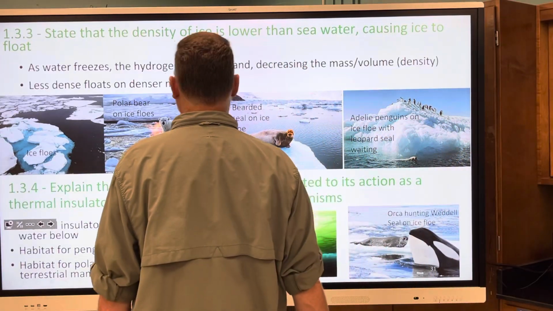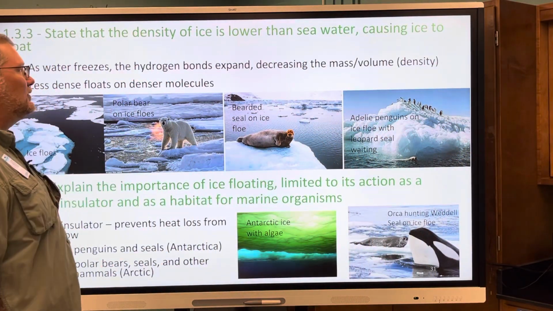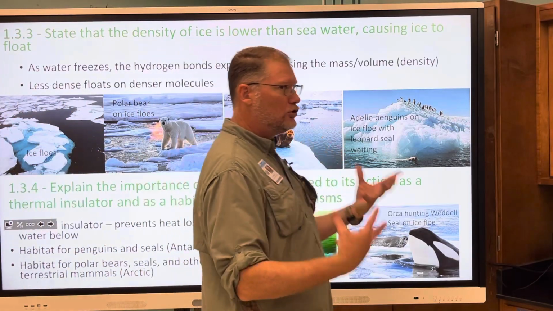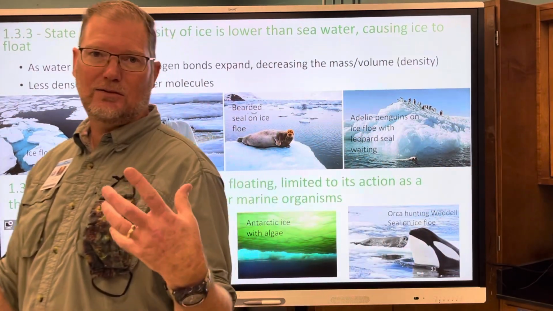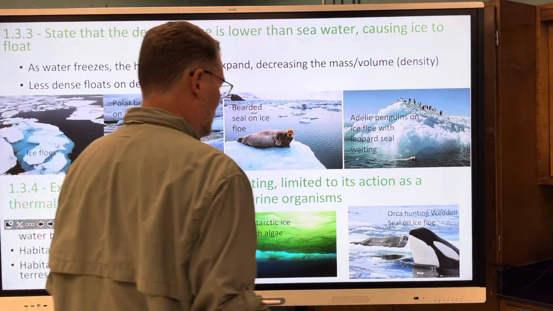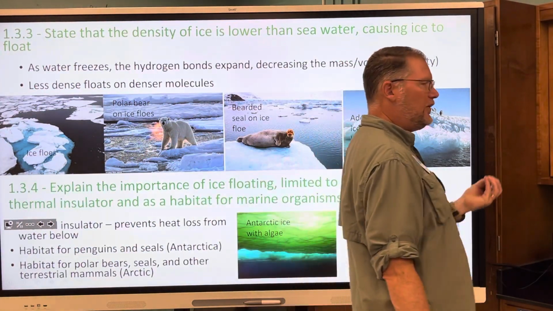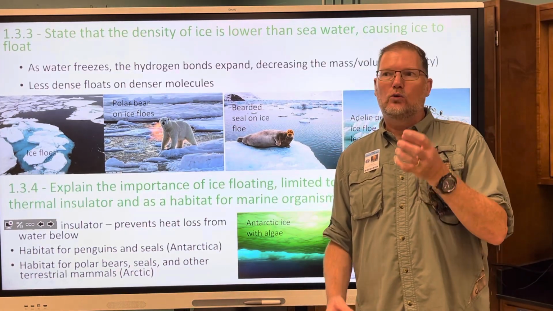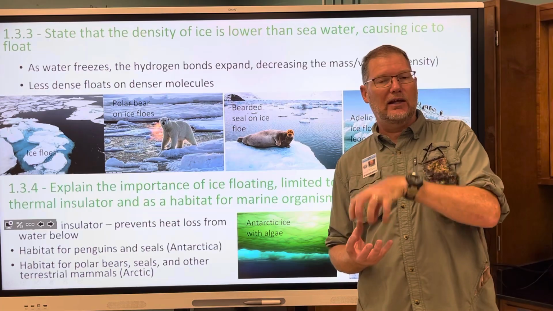Okay, we're nearly done. State that the density of ice is lower than seawater, causing it to float. This is a huge concept that needs to be made very clear, okay? So you have to remember that everything else, when it's in its solid form, will sink in its liquid form.